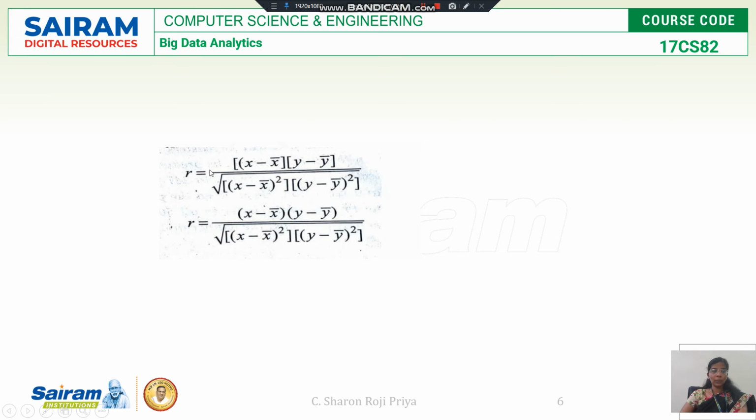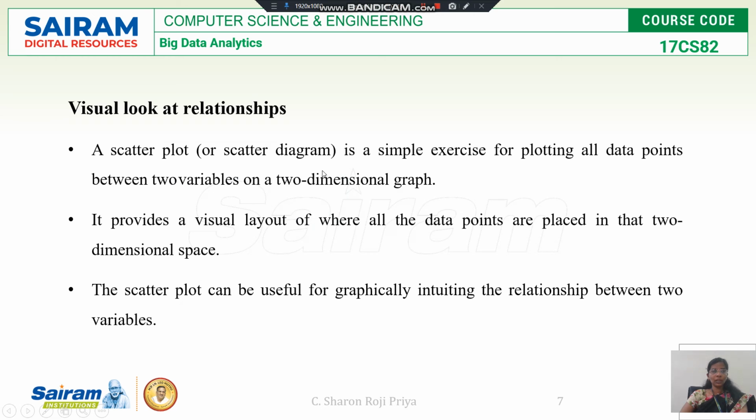This is the formula to calculate the coefficient of correlation r, which is equal to the sum of (x minus x bar) into (y minus y bar), divided by the root of the sum of (x minus x bar) the whole square into the sum of (y minus y bar) the whole square. Here x bar and y bar are the means. Mean is nothing but average: the average of x and the average of y.